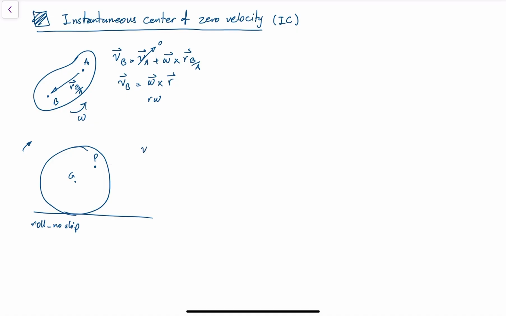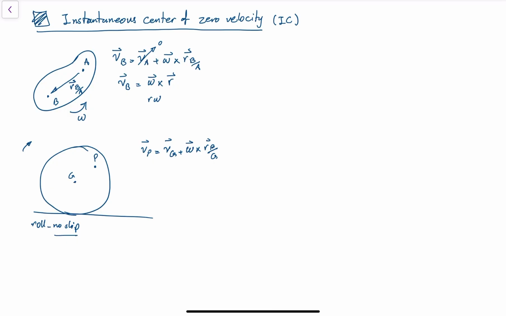And then write V of P equals V of G plus omega cross r of P relative to G. But in that case, you don't know V of G itself, so you have to use the notion of dependent motion that we had before. So it is a lot more involved. But I want to draw your attention to this no slip condition.